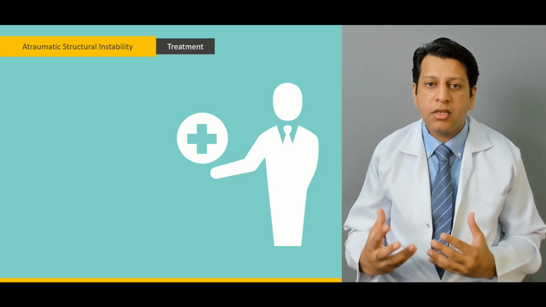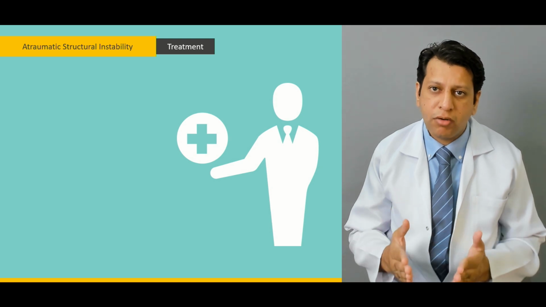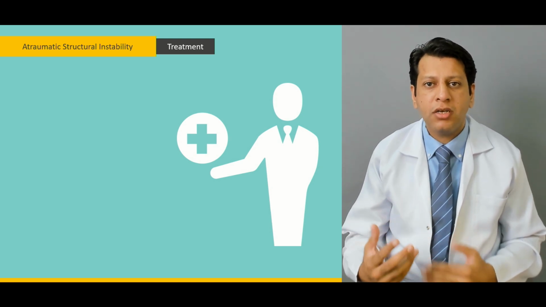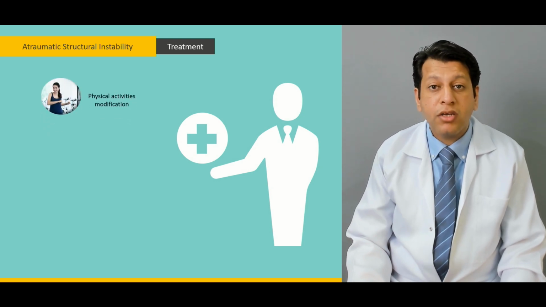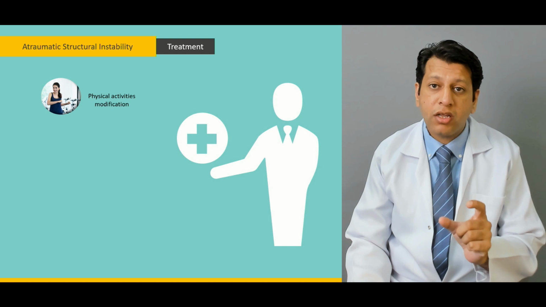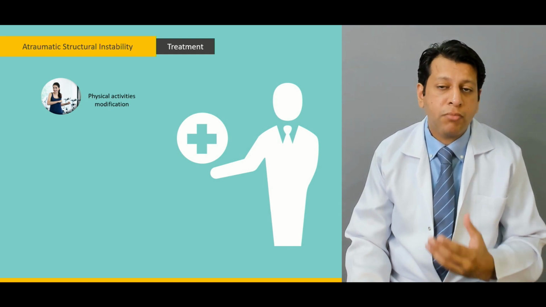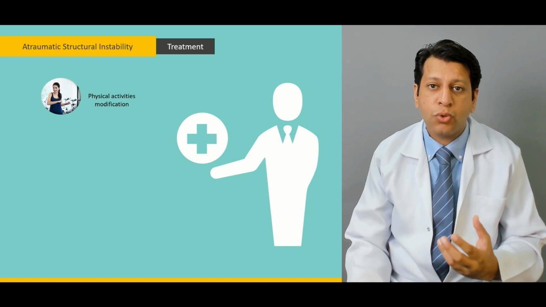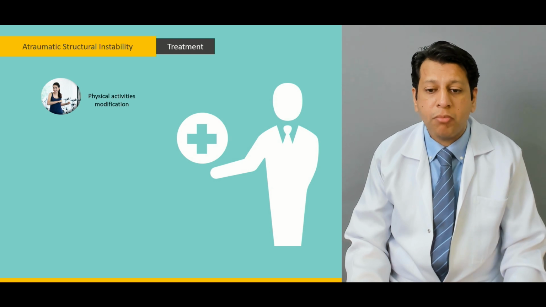So the mainstay with atraumatic structural instability is to address the structural problem along with rehabilitation and capsulorrhaphy, which includes physical activity modification. For example, whatever is dislocating the shoulder should be avoided. If a patient plays a game which involves throwing and this results in a dislocation, he or she should avoid those throwing mechanisms.